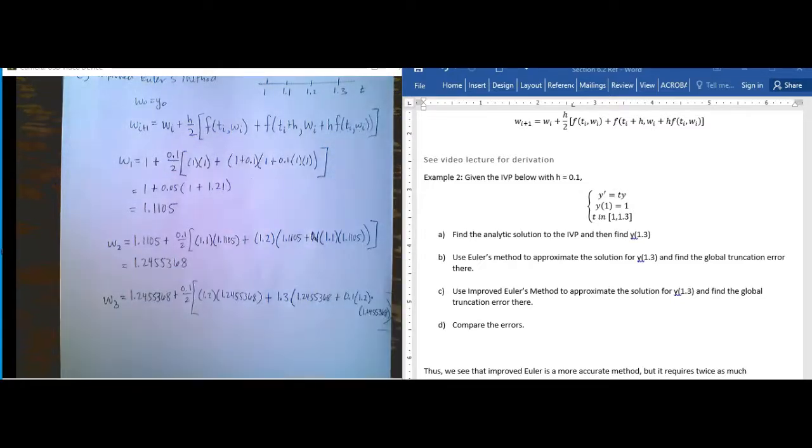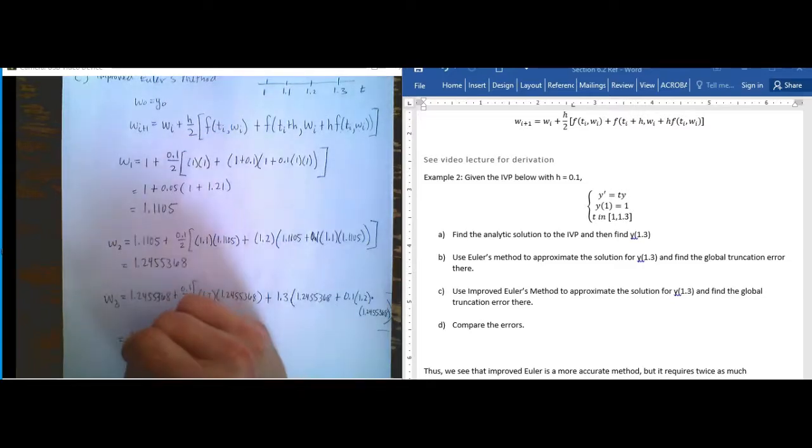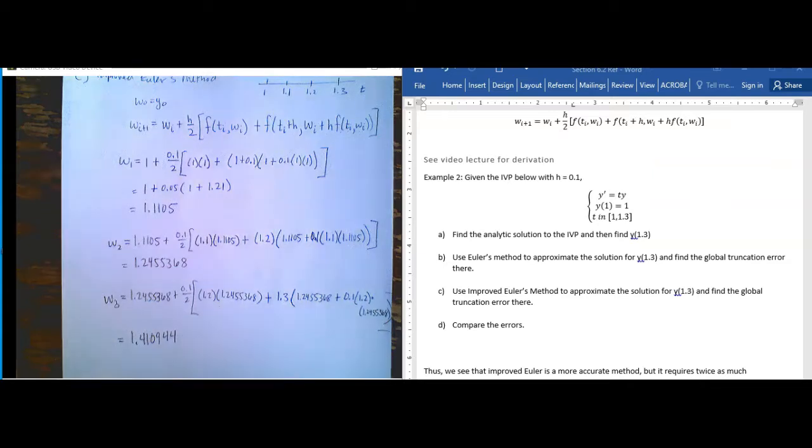Okay. So let's see what that is. Calculating that gives 1.410944 approximately. Okay. So let's make a table.